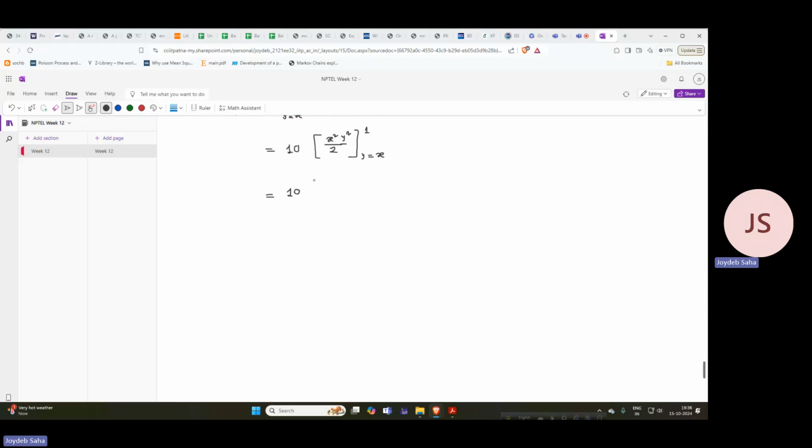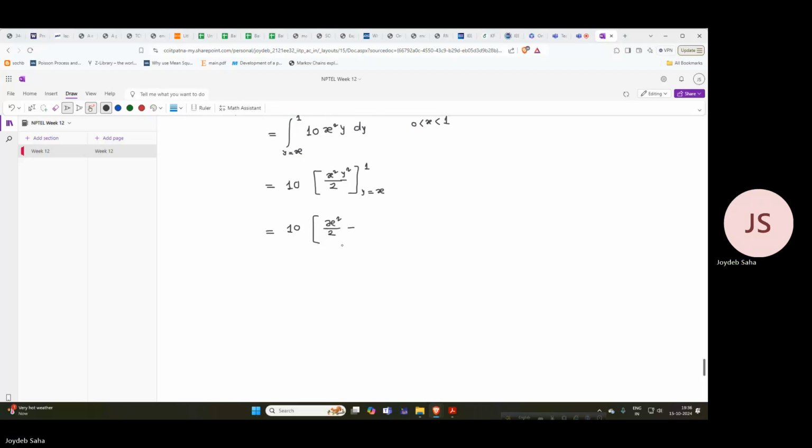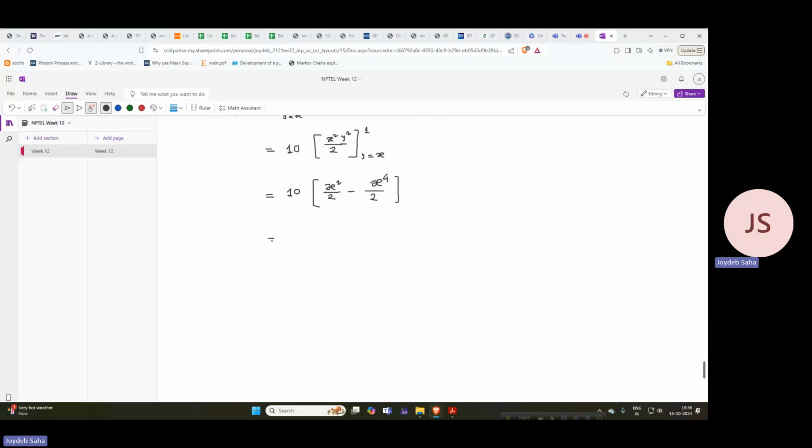So it is 10 times, first x square upon 2, minus, the y value is x, right? If it is x, then it will be x to the power 4 upon 2. This is 5x square into 1 minus x square.